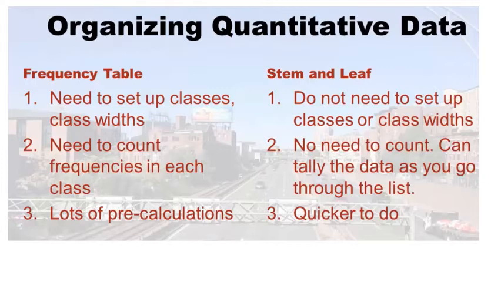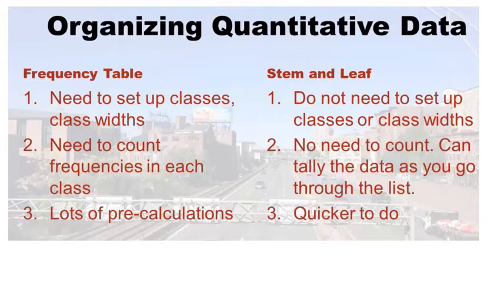Then we got to count the frequencies in each class and put those frequencies in. After that, we found the relative frequency so we could figure out the proportion or percentage of each frequency to the entire sample size. That was pretty cool in my opinion, and I hope you agree.